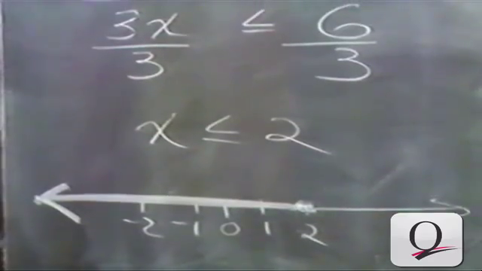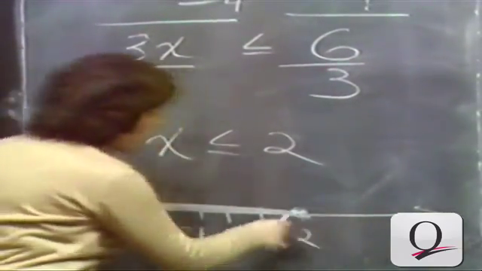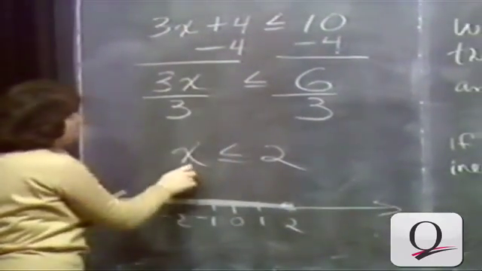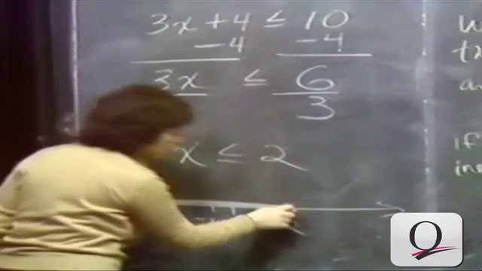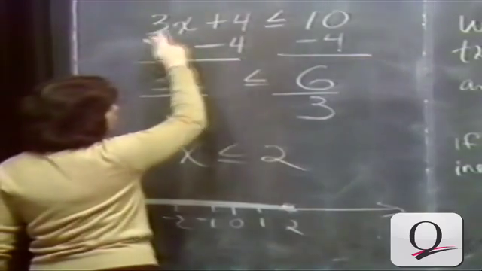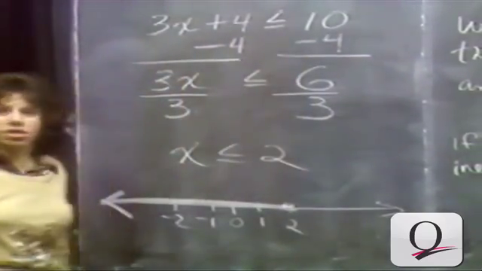You remember earlier we tried x equals 1 and that worked, and x equals 3 did not work. Well, here we see why. To make this a true statement, the x value that you substitute in would have to be 2 or smaller. Remember, 2 is acceptable. If you substitute in 2, you get 6 plus 4, 10, which is less than or equal to 10 because it's equal to 10.